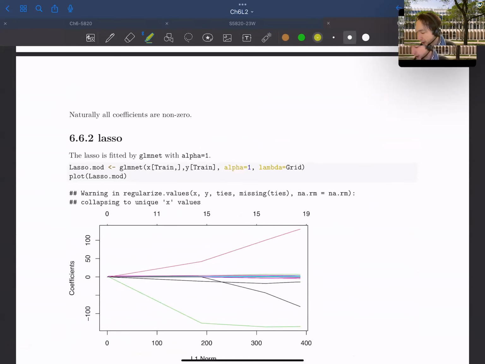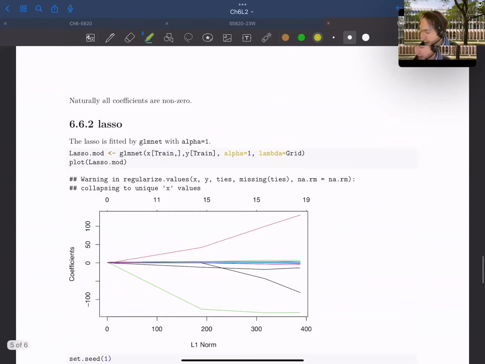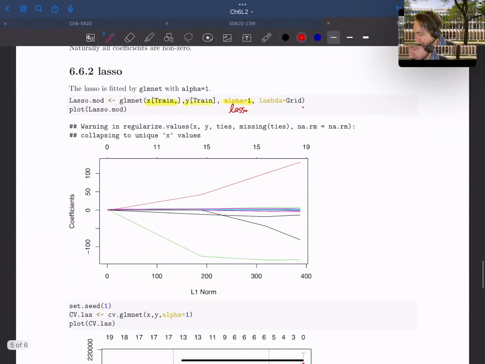And for the lasso, we have a similar format. We put the predictor values and also test values in this glmnet function, and given alpha is equal to 1. So this is for lasso. Then we can also give the grid to get the parameters.